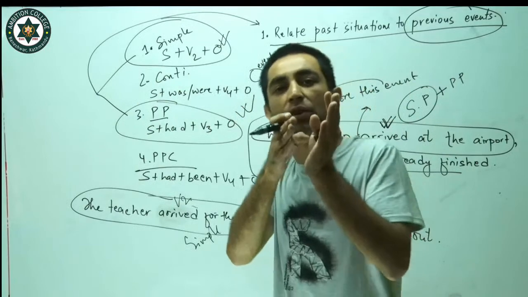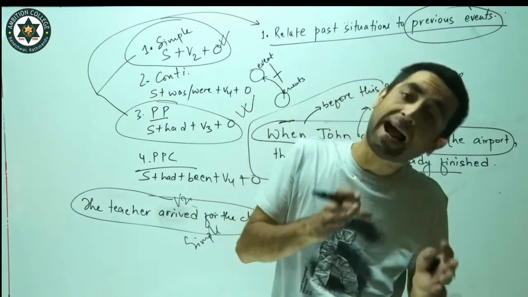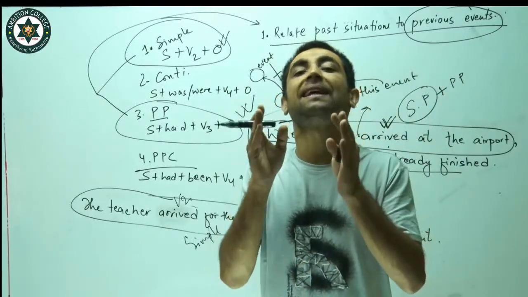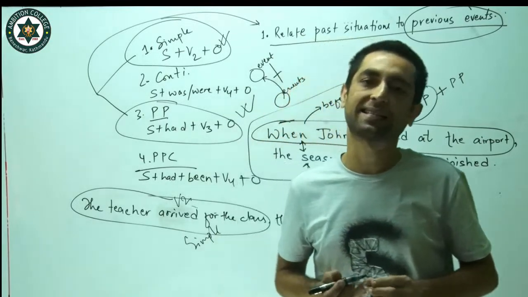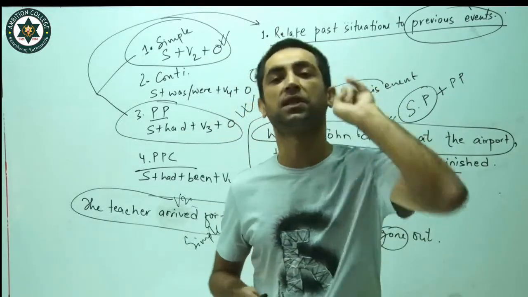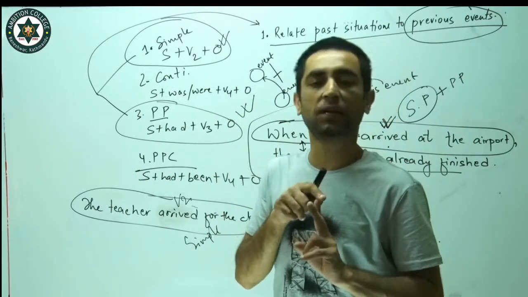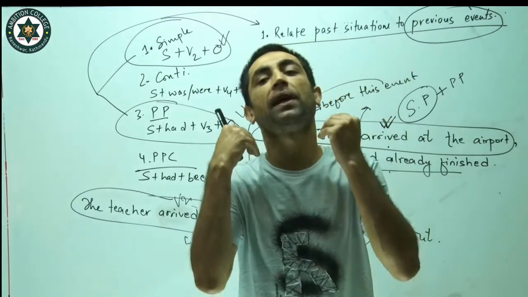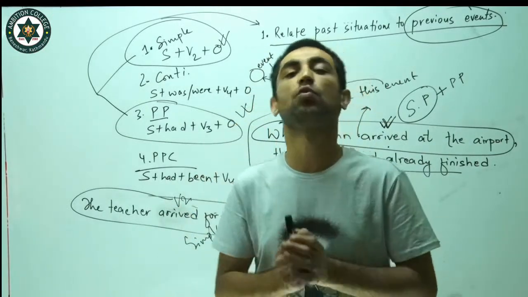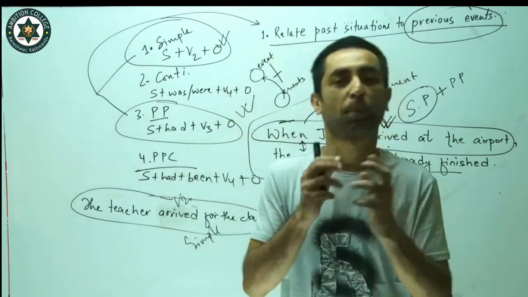So here we have two events. One event occurred, but before that event, something else happened. So to relate these types of events, where we have two events in the past, but before the one event completes, the other event is already finished, we fuse the simple past with the past perfect.